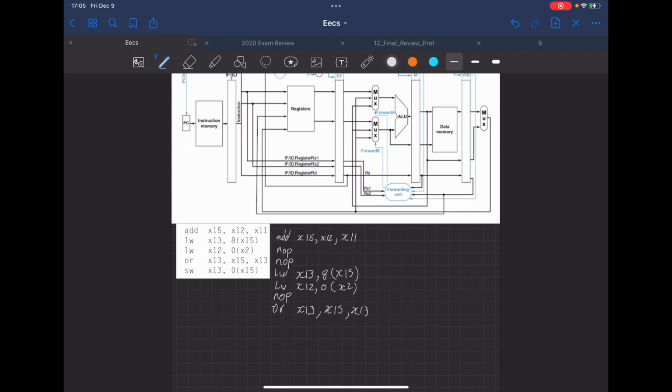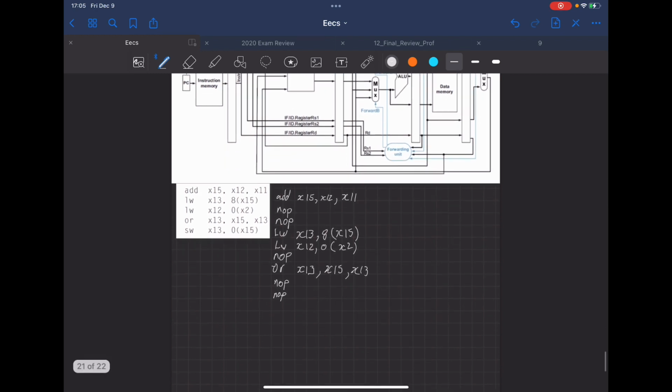In order to do this, once again, we have to wait 2 instructions after our OR to ensure that the write back is complete and we have the value available within X13. Okay, so now we can just write that, and there we go. That is the answer for part A.